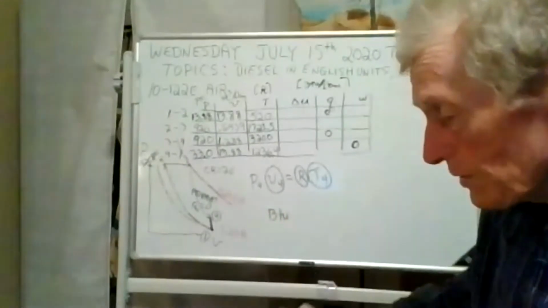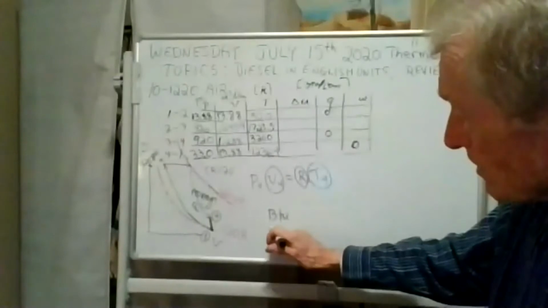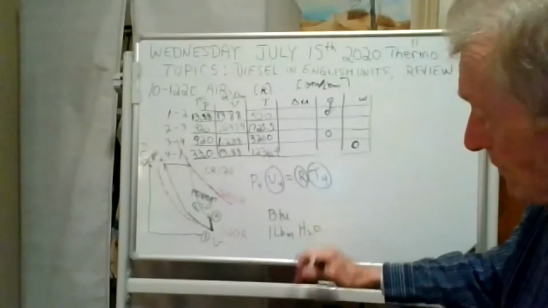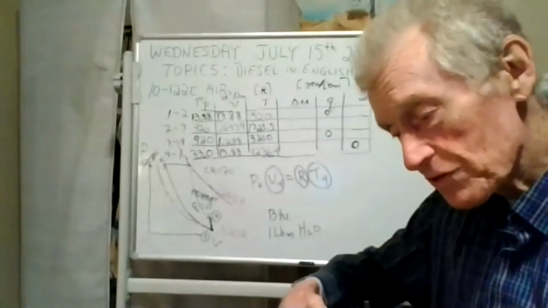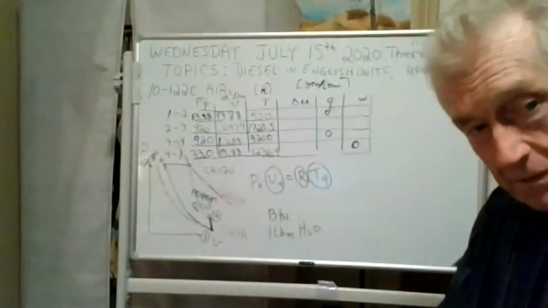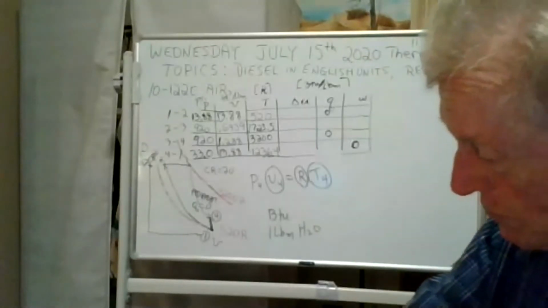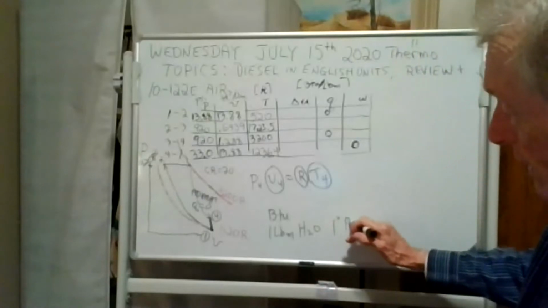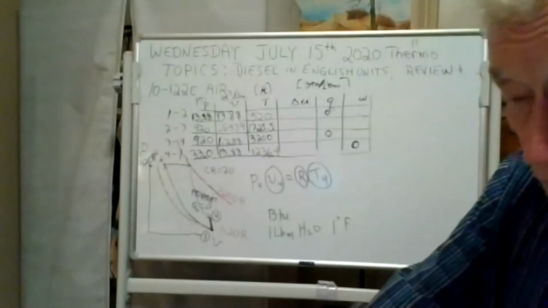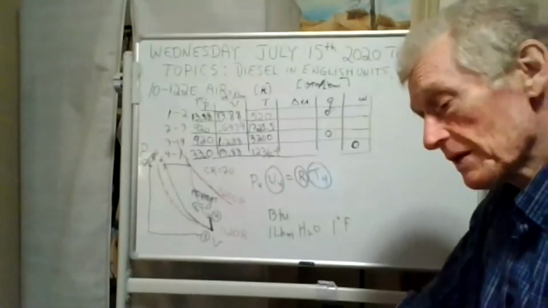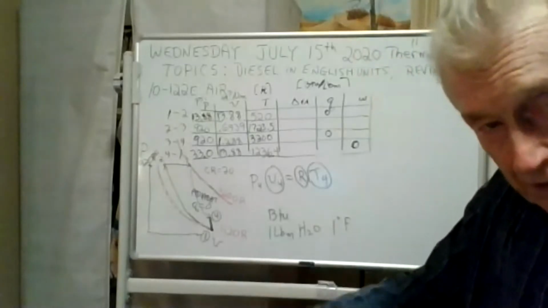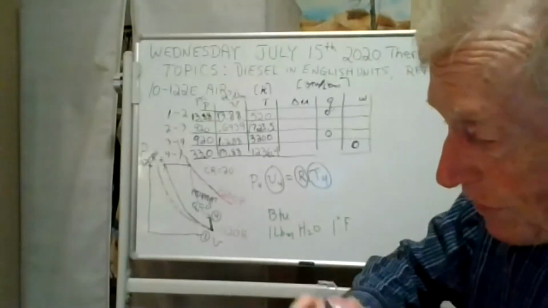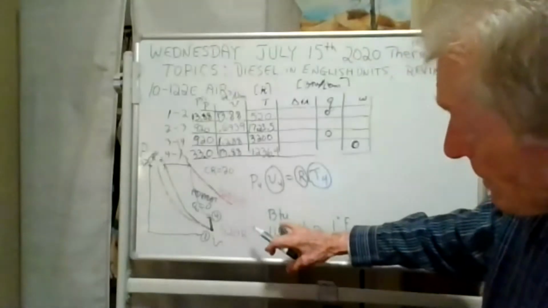Well, if you take 1 pound mass of water, and you transfer heat energy to it, and the temperature goes up 1 degree Fahrenheit, which is an increase of 1 degree Rankine. An increase in Fahrenheit is equal to the same increase in Rankine. You know what? The heat energy required to do that is by definition a BTU.